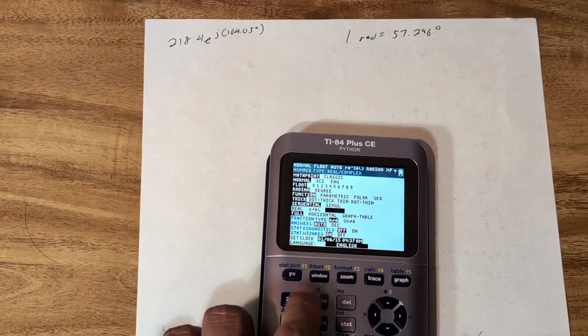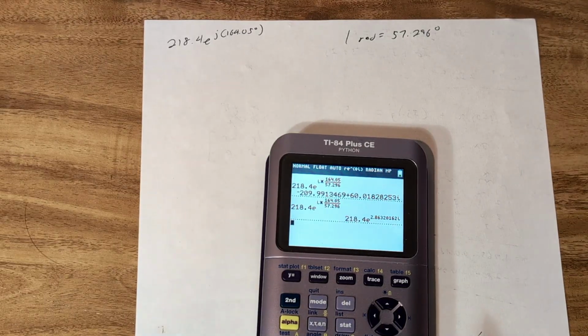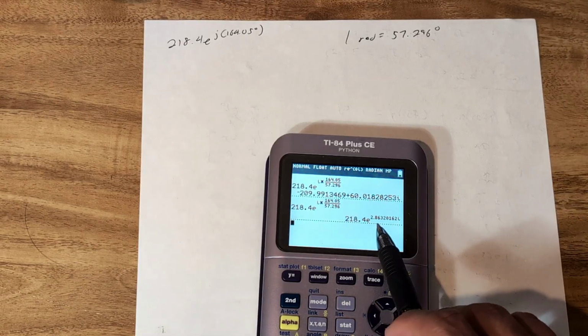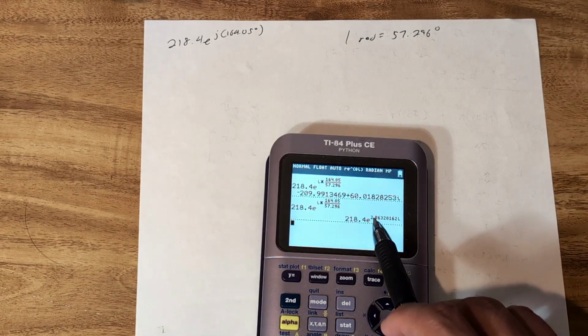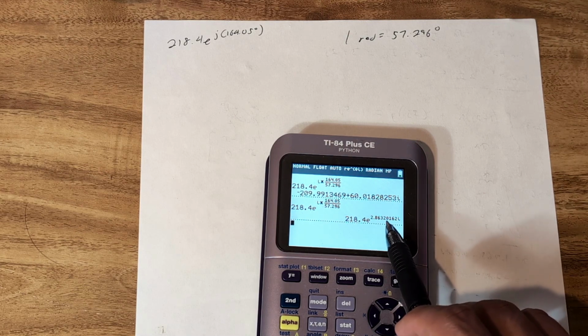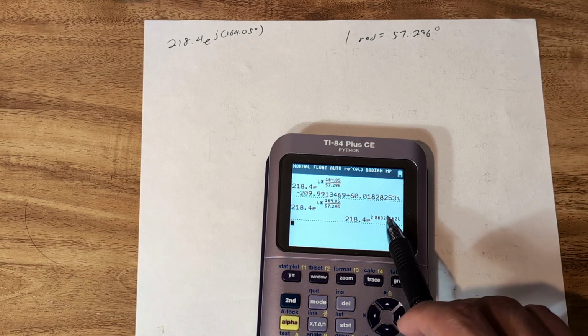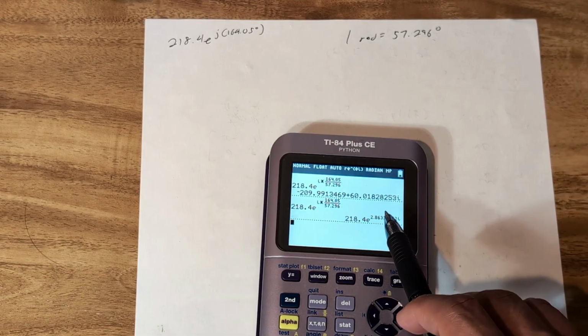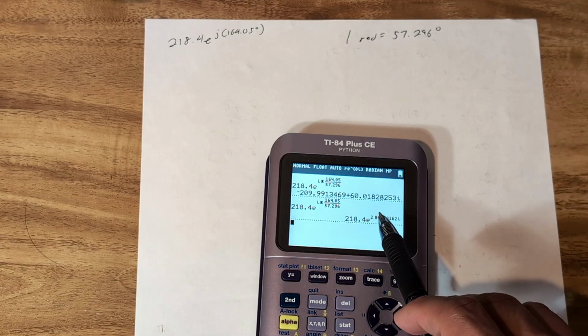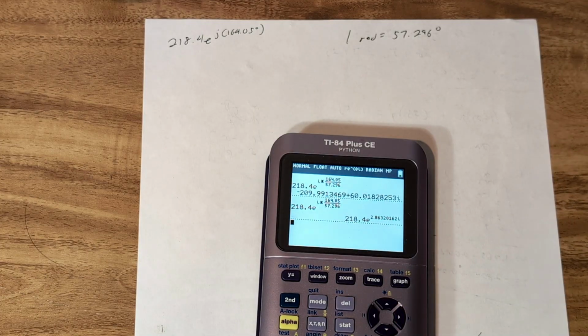Press enter, and that's going to be your answer right here. Again, this is going to be in radian mode, so if you want to convert this back to degrees, you multiply this part by 57.296. So this is going to be your answer in polar form. And that's how you convert between polar form and rectangular form using the calculator.